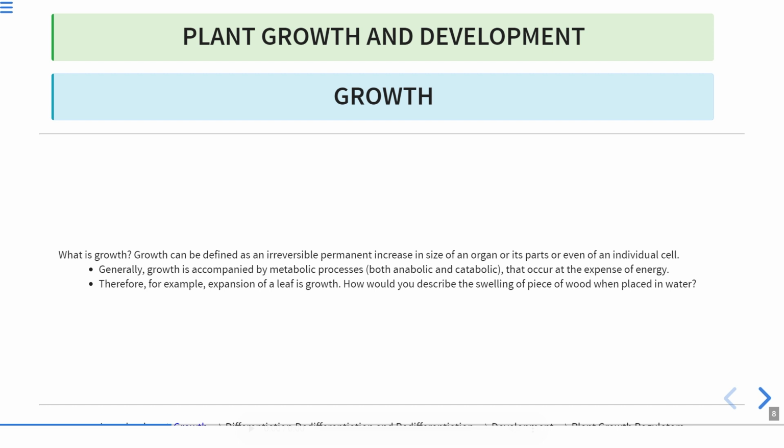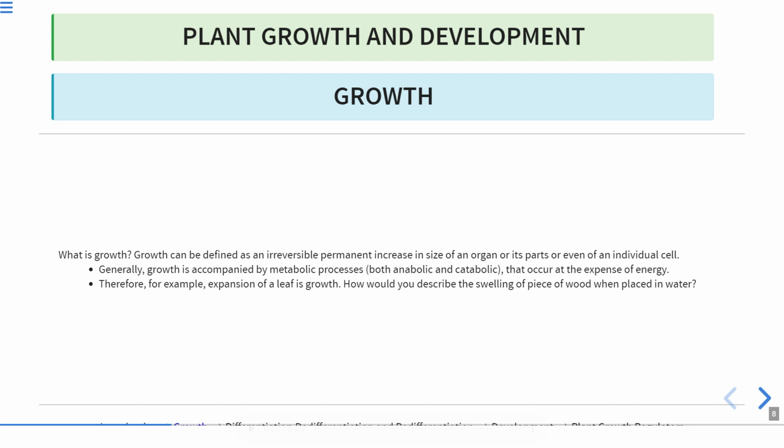And something that is broken down or degraded is called a catabolic process, right? So growth is accompanied by these metabolic processes, both anabolic and catabolic, and they occur at the expense of energy. These metabolic activities do not occur without any expense of energy. They occur due to the availability of energy.